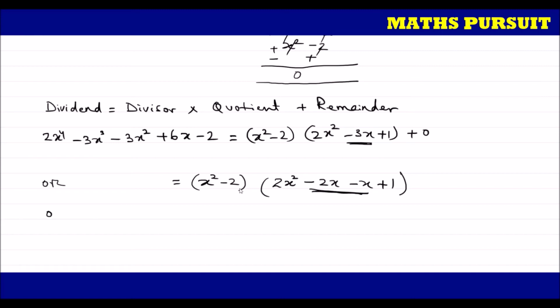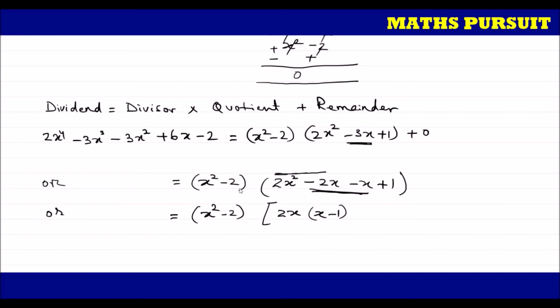That is equal to x to the power 2 minus 2. Again, here taking the common as 2x from the first part of the equation, I will take 2x as common, and I am left with x minus 1.